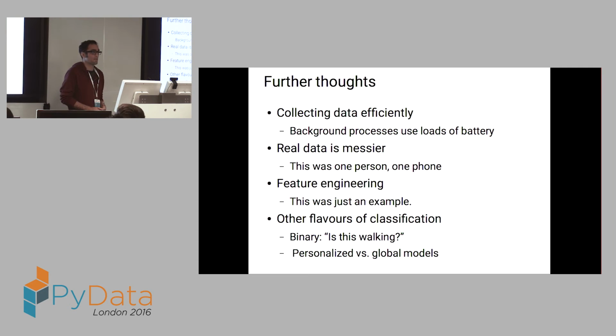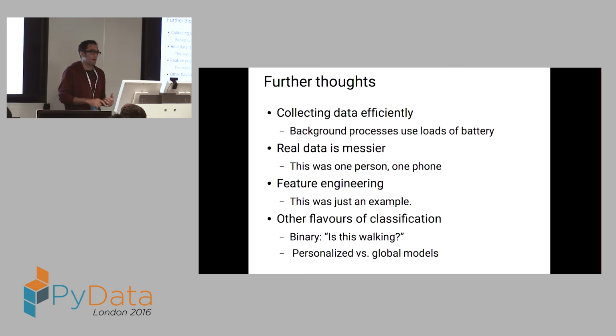So when it came to features, what you saw today was me just throwing everything at the problem, which is sometimes nice, but there are many other different kinds of features that you could use. And finally, probably the most important thing is that the machine learning problem that I showed you is really about detecting one of 5 activities. But there are many more different things that you can do.